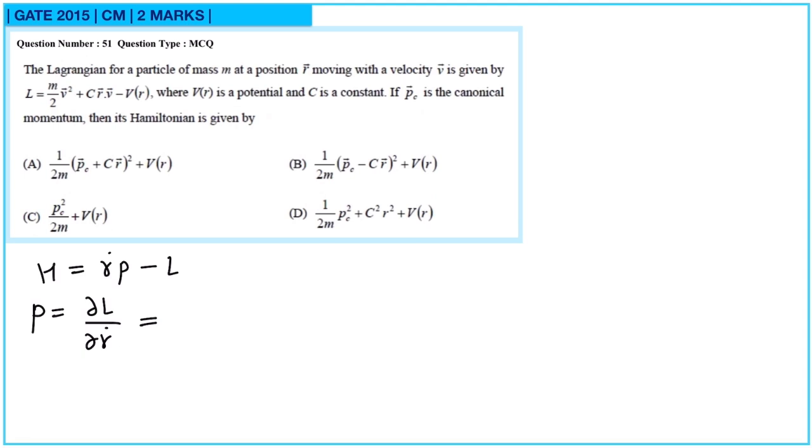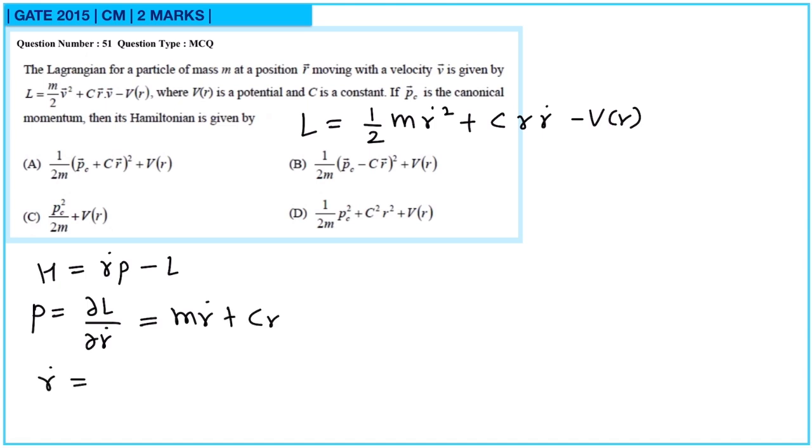So here we have the Lagrangian L equal to half m v square, that is r dot square, plus c r dot minus V of r. So dou L by dou r dot is equal to m r dot plus c r.